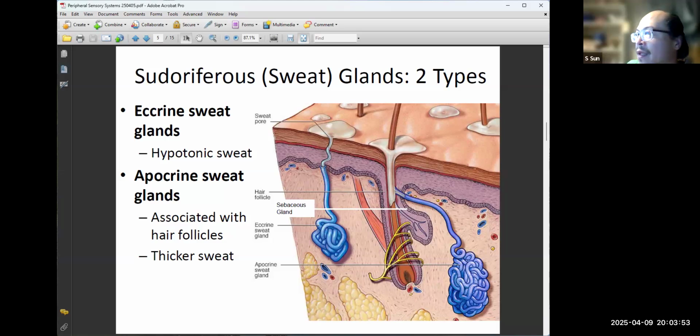So that's that. We also have one that's not a sweat gland, but this one is attached to the hair follicle. That's called the sebaceous gland. This one is more oily. It provides additional protection to your hair.